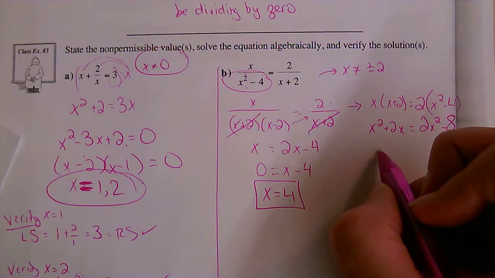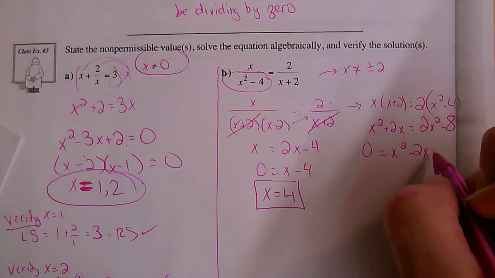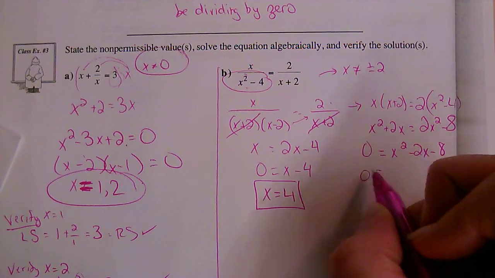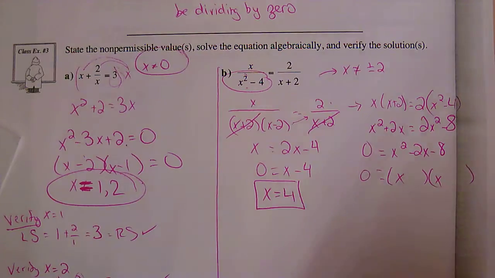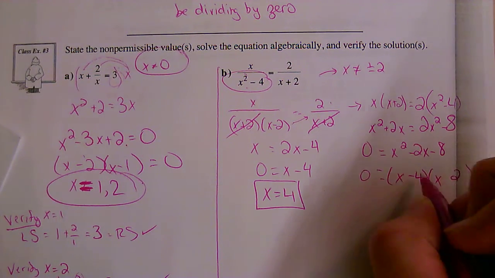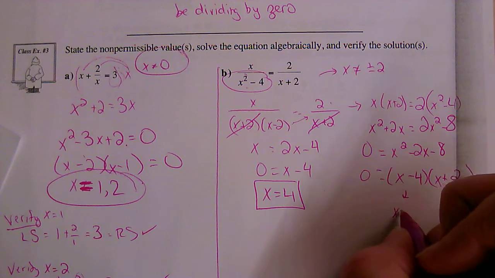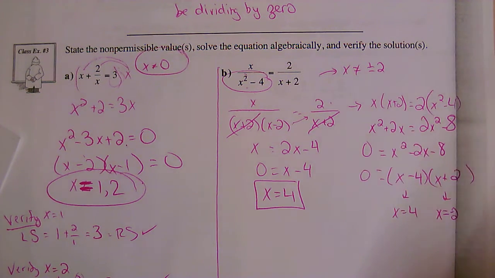Move everything over. Okay, so that's going to be x squared minus 2x minus 8. Go ahead and factor. What multiplies to be 8, that adds to be negative 2 is going to be 4 and 2, and then we get negative, plus. That gives me x is equal to 4. That gives me x is equal to negative 2.